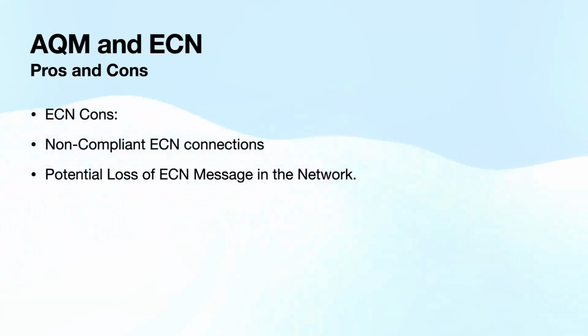This misrepresentation leads to ineffective congestion control, as the connection does not react appropriately to congestion signals. Also, a non-compliant connection could ignore source quench messages, which are designed to tell a sender to reduce its transmission rate. Ignoring this message can lead to network congestion.